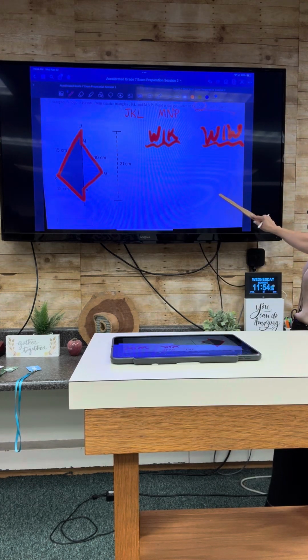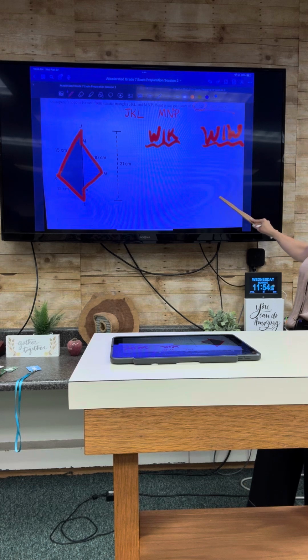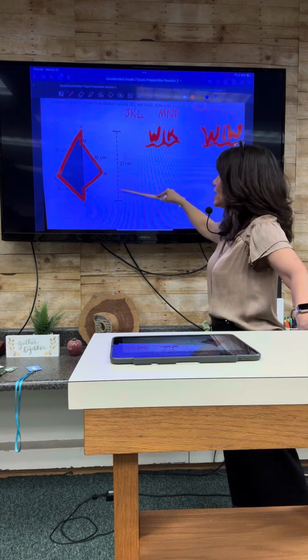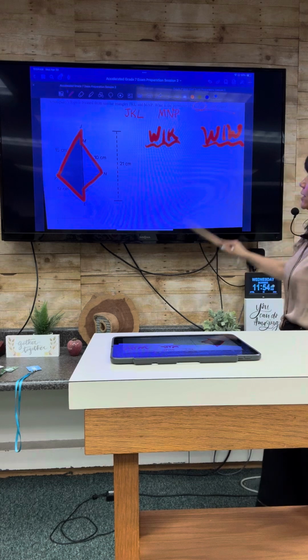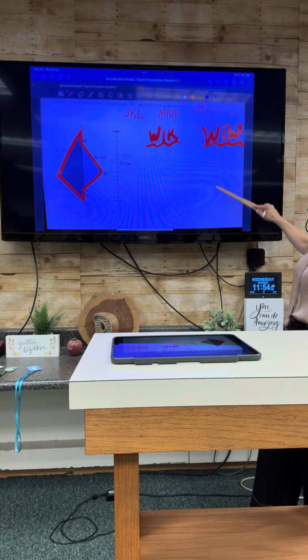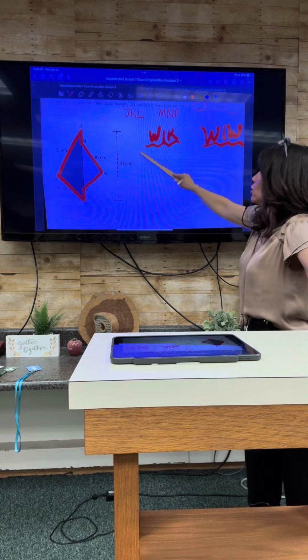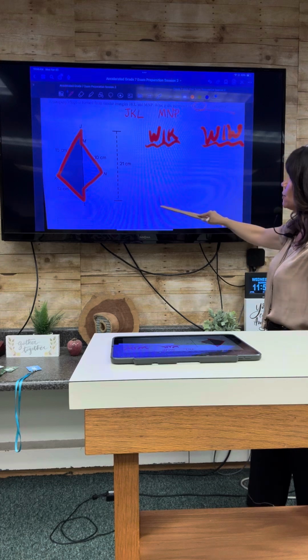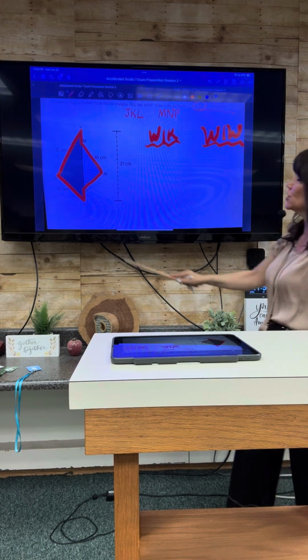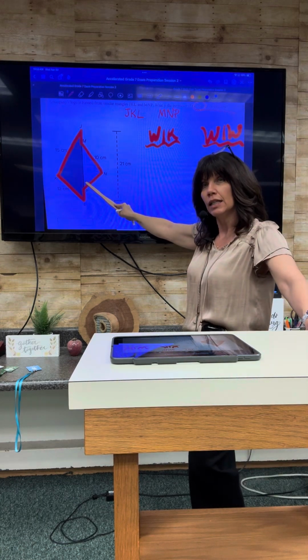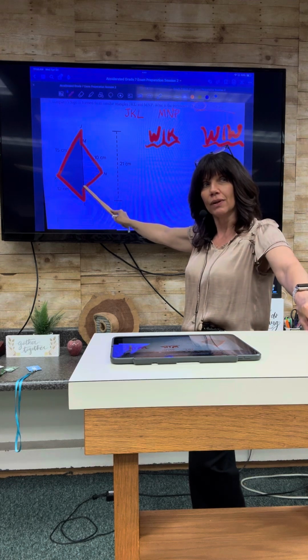Do I know the denominator for my larger line that corresponds to line MP? Yes. What is it? 21. So empty numerator, 21 denominator, cross multiply, divide by lonely number. Do I get the distance for line MP? Yes, I do.